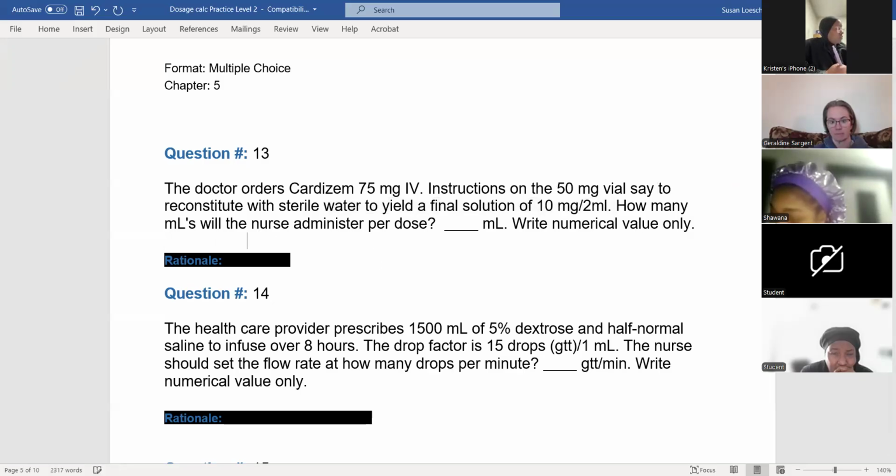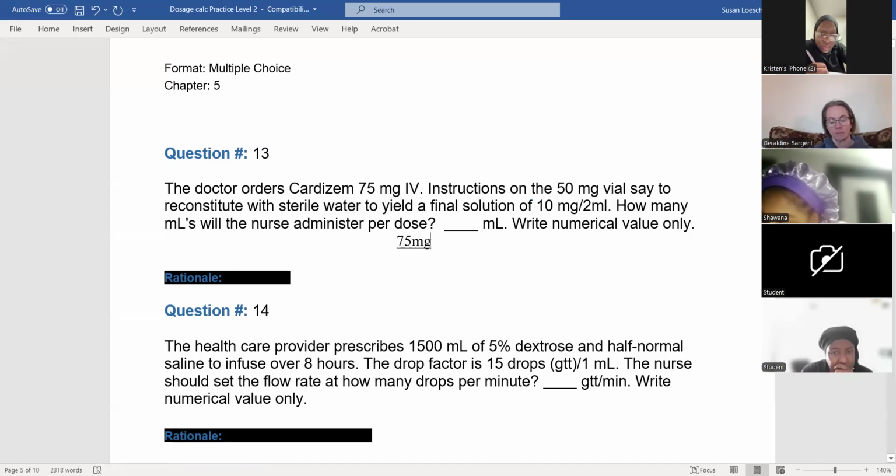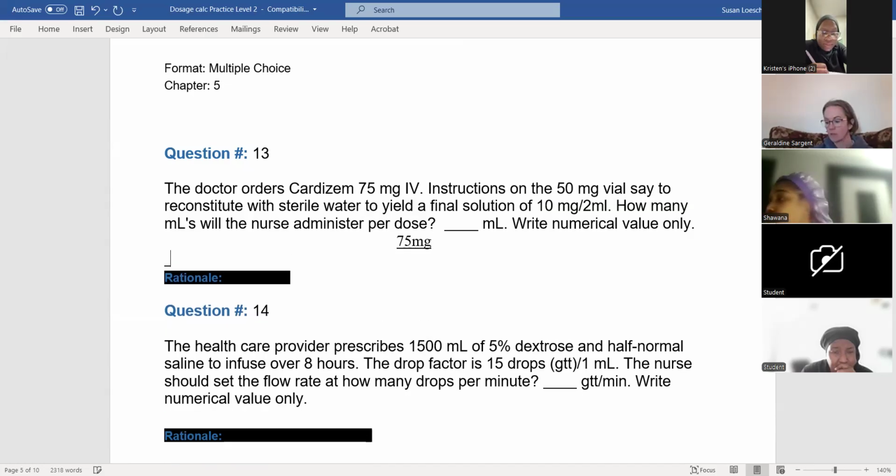So your order is what? So is it 15 mLs? What's your order? The order is 75. Okay. I know you're giving me the answer, nurse. That's okay. I just want to make sure everybody knows how to set it up.